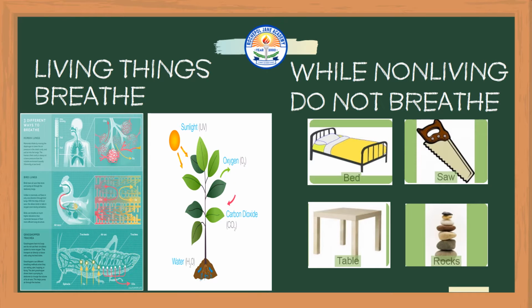The grasshopper has different lungs to breathe. Plants need to breathe too. So here we have the plants who need the carbon dioxide, and in exchange it gives off the energy that humans need. While the non-living things do not breathe.